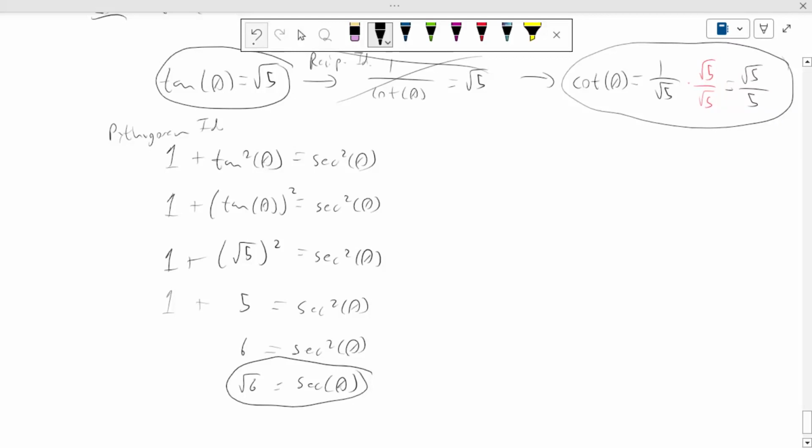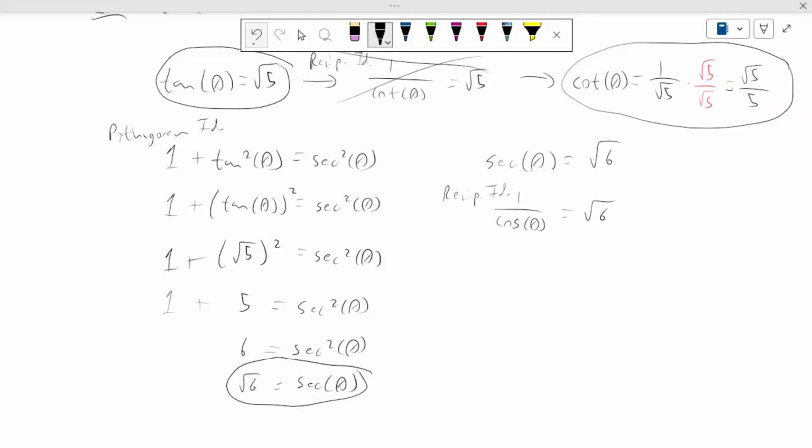Next, if I know what secant of theta is, then it's really easy to find out what cosine of theta is. I'm going to use my reciprocal identity here. Secant of theta is equal to the square root of 6, but secant of theta is the same thing as 1 over cosine of theta.